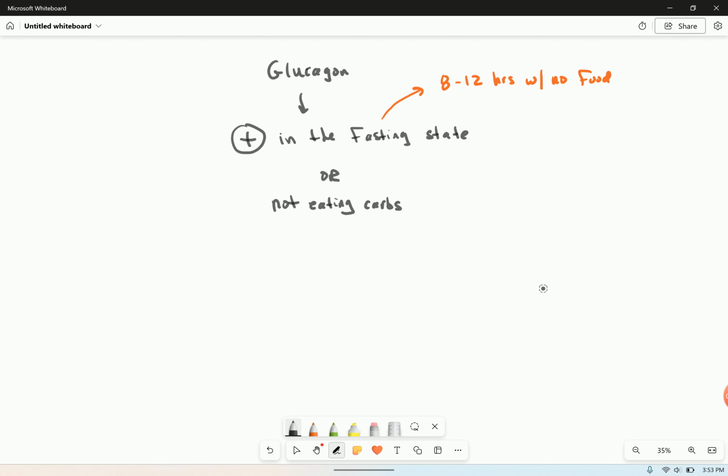Now, we do need glucose. This is a little bit of a weird statement because on one hand, our society gets themselves in a lot of trouble health-wise because of the overconsumption of sugar, carbs, and glucose. But on the other hand, we do need glucose. The brain needs it, the cells need it.